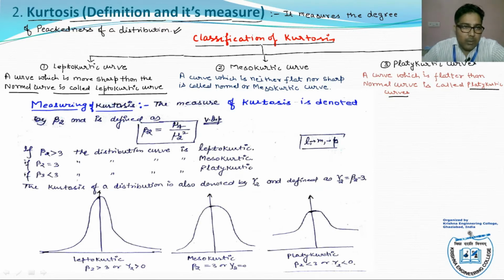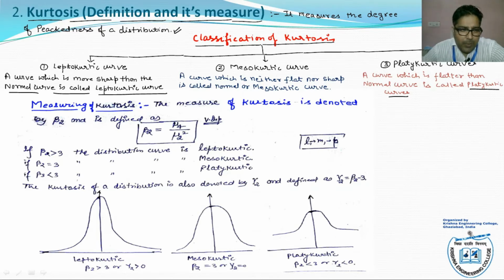Measure of kurtosis. The measure of kurtosis is denoted by beta 2 and defined as beta 2 is equal to mu 4 upon mu 2 square. This is a very important formula. Please remember it. If beta 2 is greater than 3, then the distribution is leptokurtic.